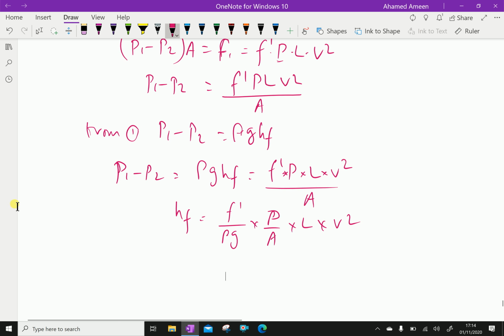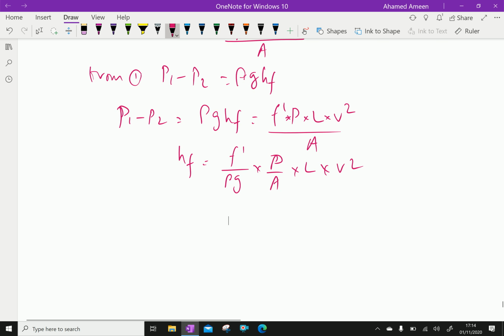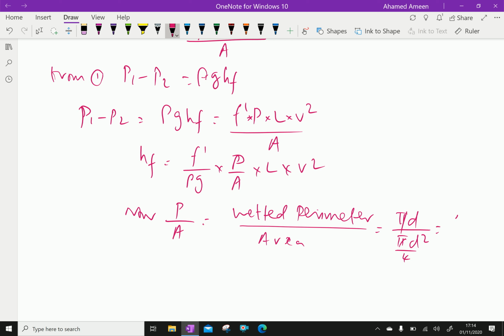Here this P by A is the ratio of the wetted perimeter by area. For the pipe, the wetted perimeter is pi d and the area is pi d squared by 4, which gives 4 over d.